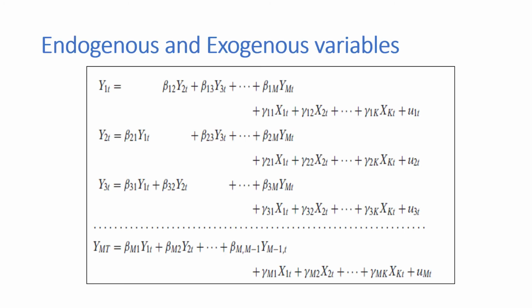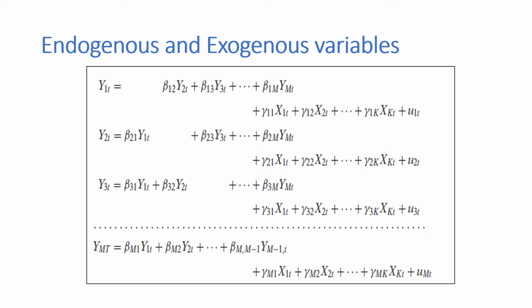Let me remind you again, what do we mean by simultaneous equation models? As we said, we have not just one single equation of regression, but simultaneous regression equations, and we have differentiated between the exogenous variables and the endogenous variables.